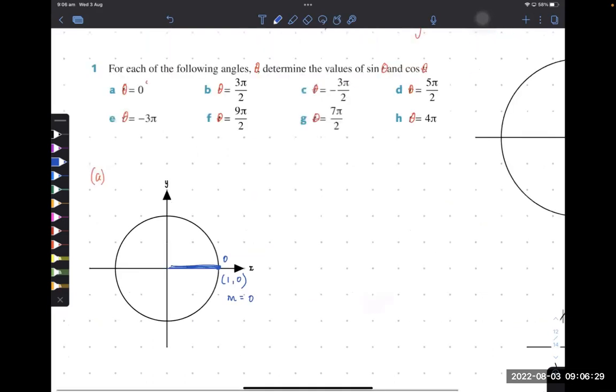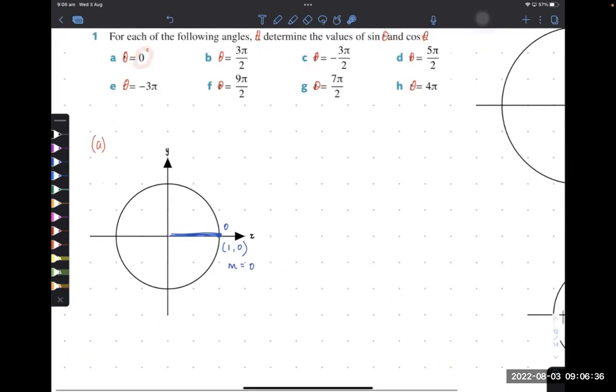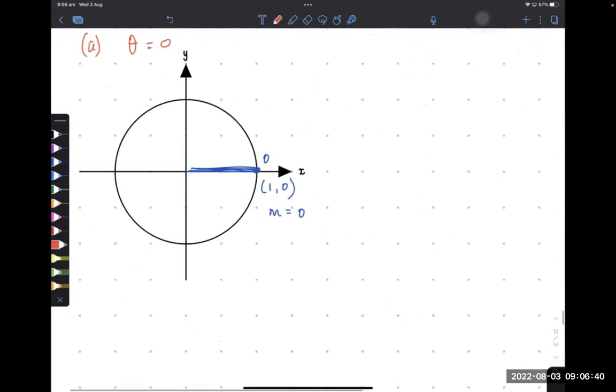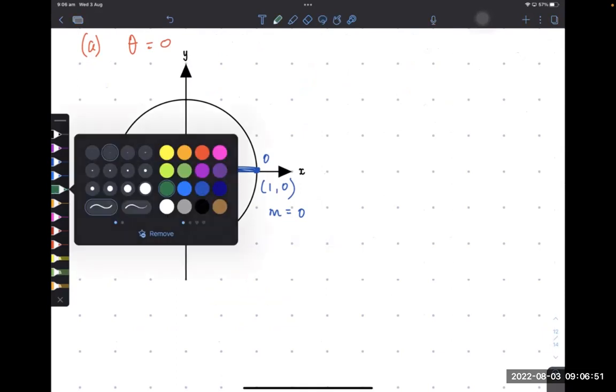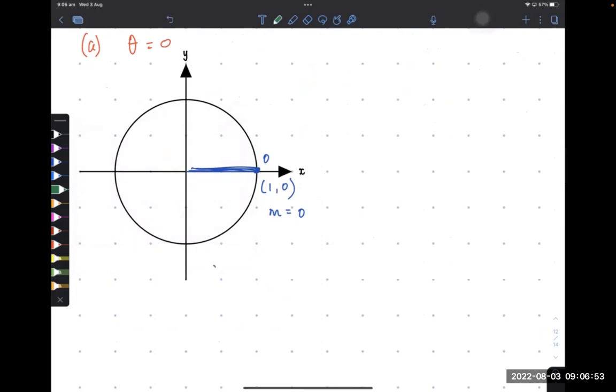So what's it asking here? It's asking what's the value of sine theta and cos theta? Well, we need to substitute theta equals 0. So if I want to find out what sine is, sine theta here, what does sine measure?